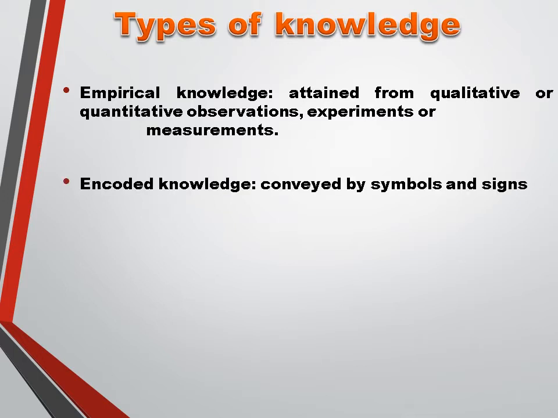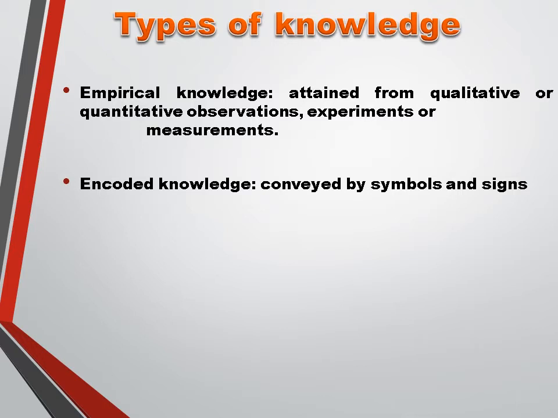The next type of knowledge is encoded knowledge. Encoded knowledge is knowledge that has been recorded in symbols or different kinds of codes, and we need experts to decipher or decode them. Knowledge is being stored in these symbols and signs.